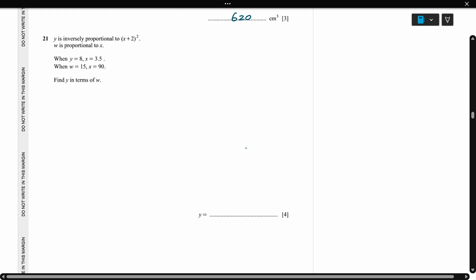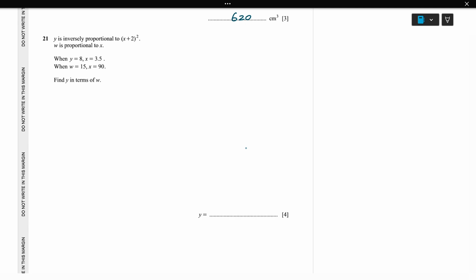Next one, question number 21. Y is inversely proportional to x plus 2 square and w is proportional to x. So two things are given. Y is inversely proportional to x plus 2 whole square. So y equal to, so I'll take k1 over x plus 2 whole square.